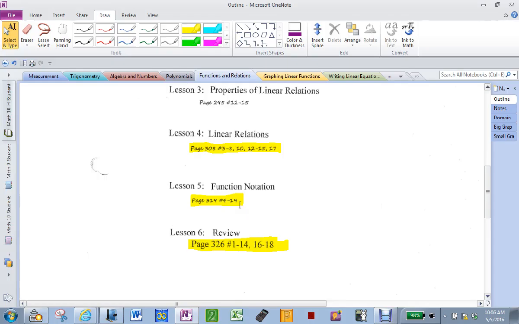Radicals, exponents, polynomial expansion, factoring. Remember, you will need a pencil, because there are 36 multiple choice questions, so you will be doing a scan prod.